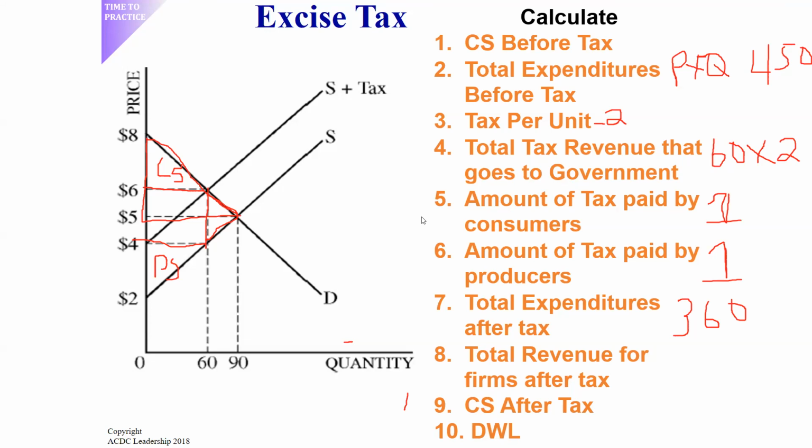Okay. Is there any question about anything that I just went over on the excise tax? Yes, Elliot, expenditures is price times quantity. It's the same as the total revenue.